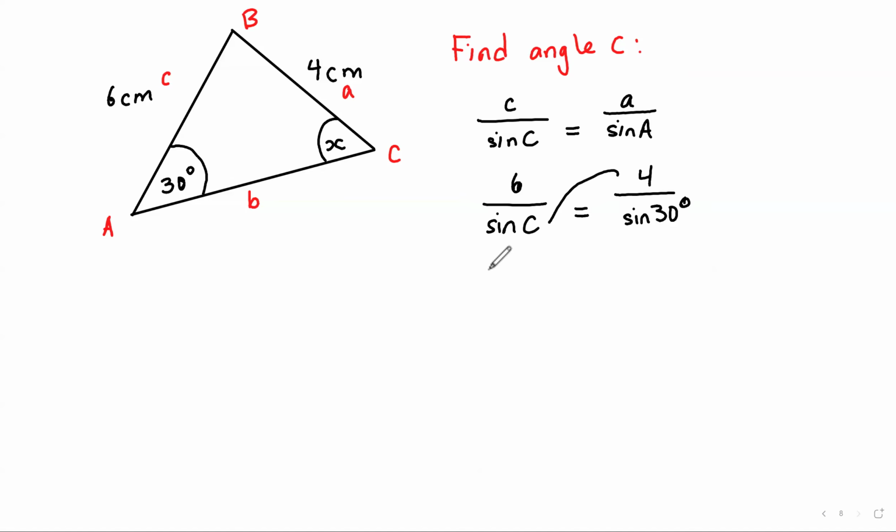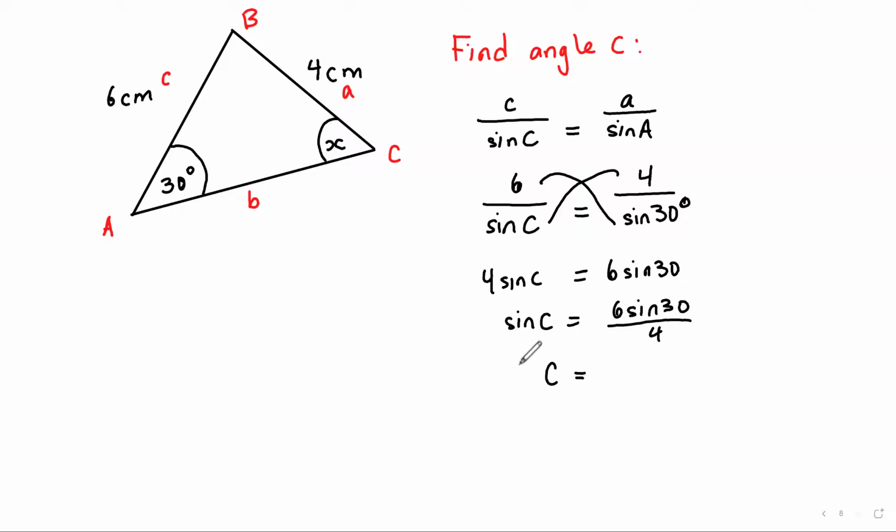So 4 times sine C is equal to 6 times sine of 30. And therefore, sine of C is equal to 6 times sine of 30 divided by 4. You could put that in your calculator. 6 sine 30 divided by 4 will give you 0.75. So therefore, sine of C is equal to 0.75.